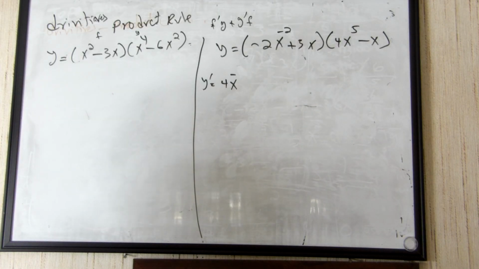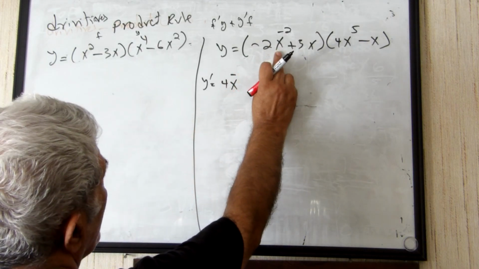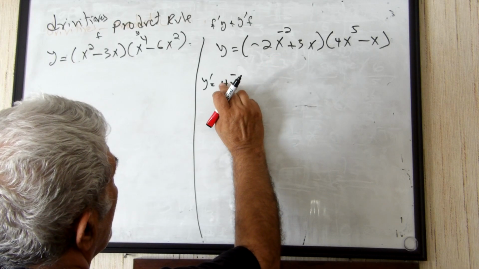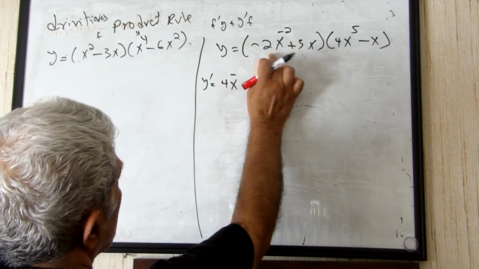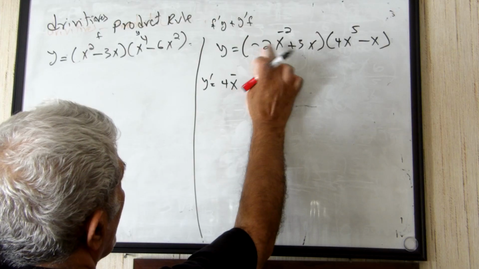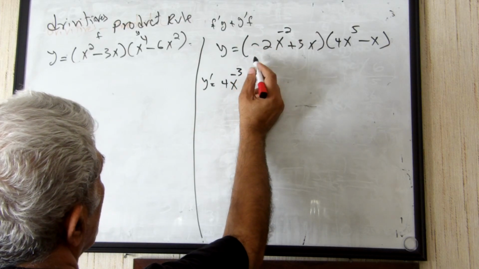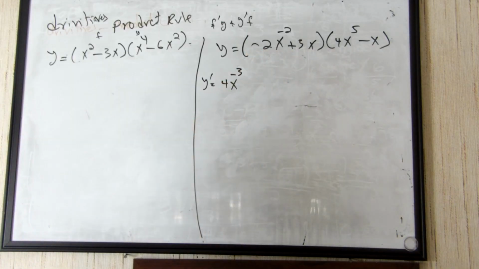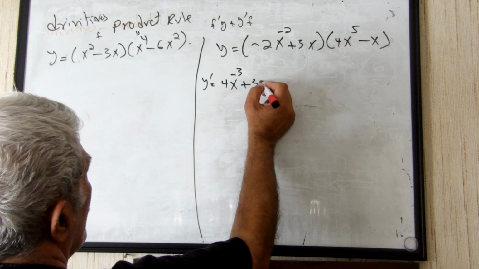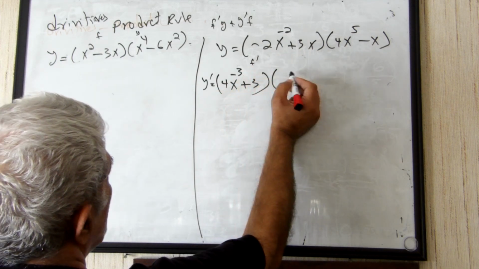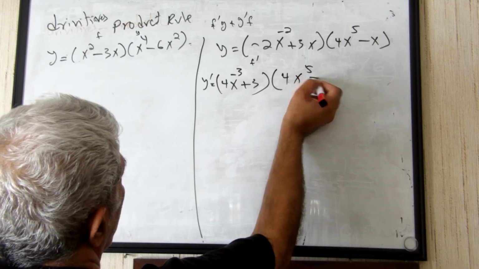Okay, this one times this one. The derivative of this one is going to be, 2 is going to come here and this is going to add minus 1, it's going to be 4, minus 2 times minus 2, it's going to be 4, x to the power of minus 3, and plus 3. Okay, this is the derivative of this one, f prime, and times g, which is 4x^5 minus x.